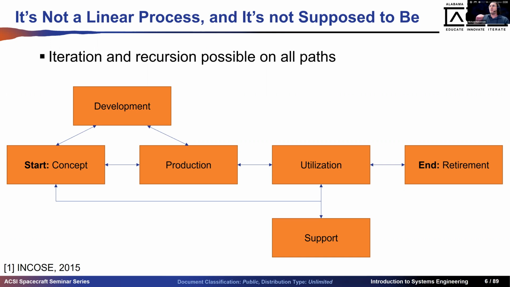But iteration and recursion is possible in all paths. So even when you are, say, testing or integrating a system, that might influence what your requirements are earlier in the development process. So it's not that you just nail your requirements and move on. It's not a linear process and it's not supposed to be, but understanding what you're supposed to do at different life cycle phases helps you understand this material.